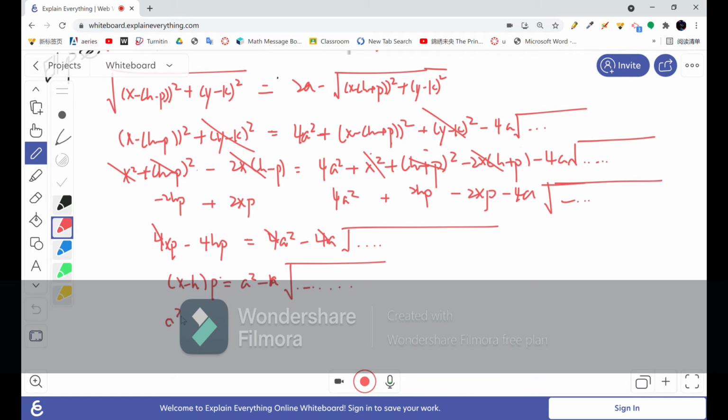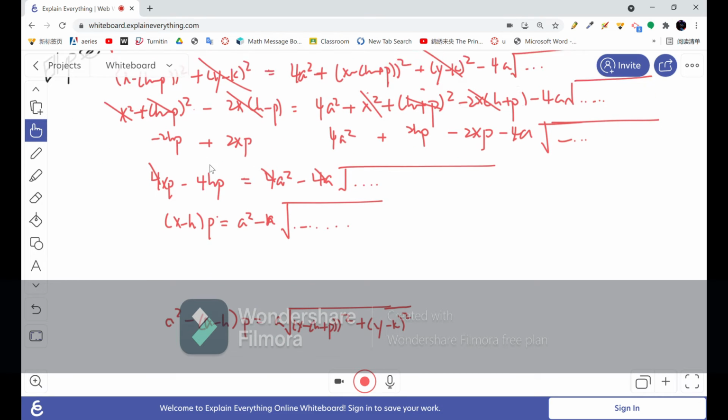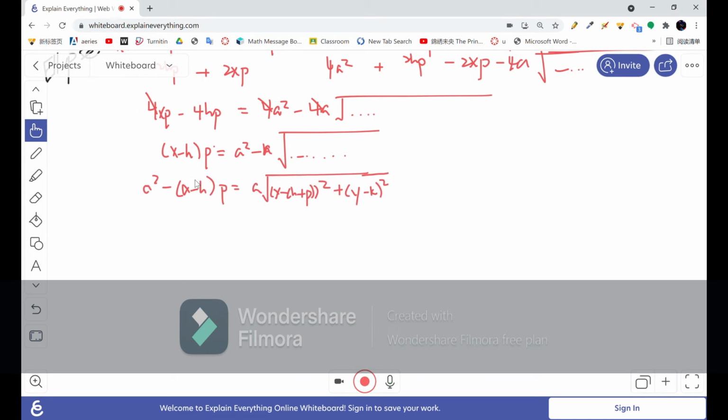Here we have a squared minus (x minus h) times p equal to a times the square root of (x minus h plus p) squared plus (y minus k) squared. Now it seems pretty tedious, but we're going to try to expand this, even though it seems tedious.